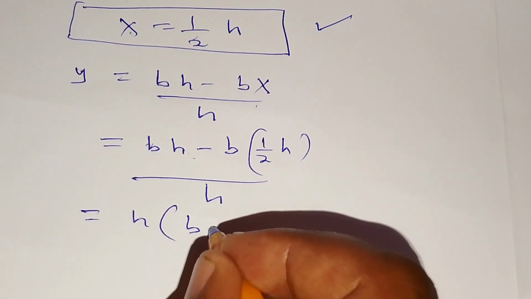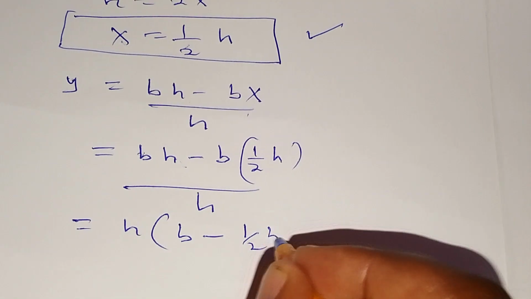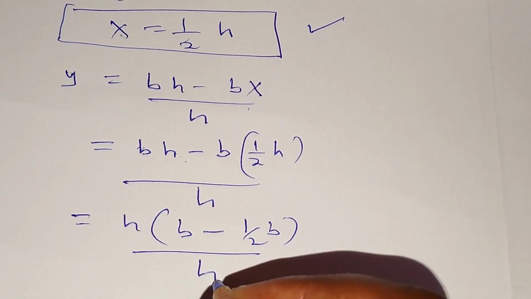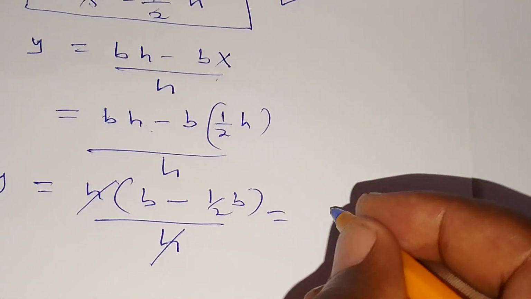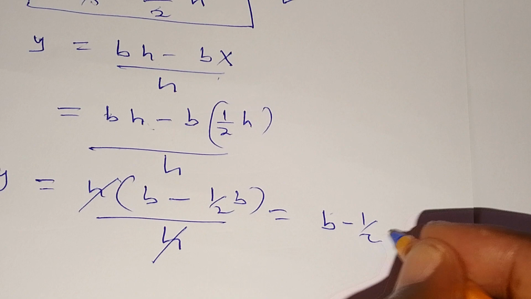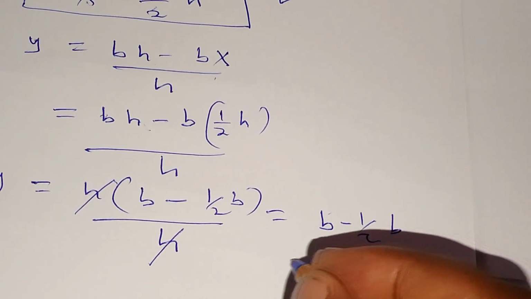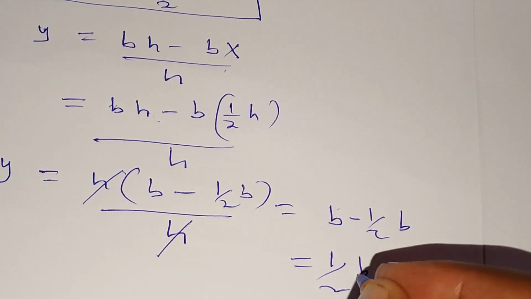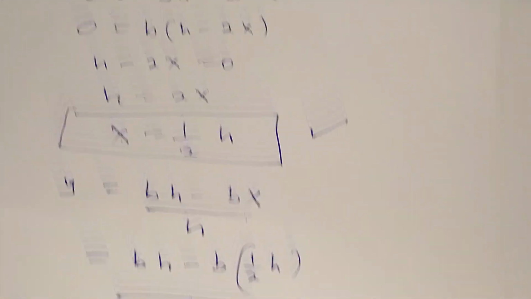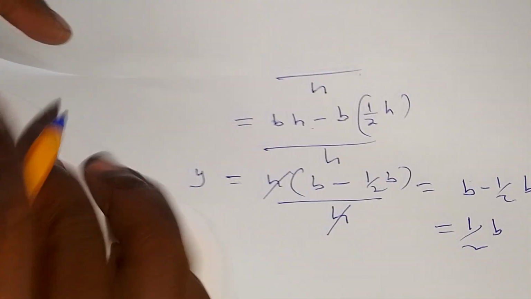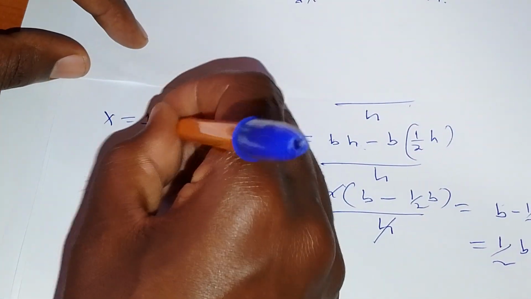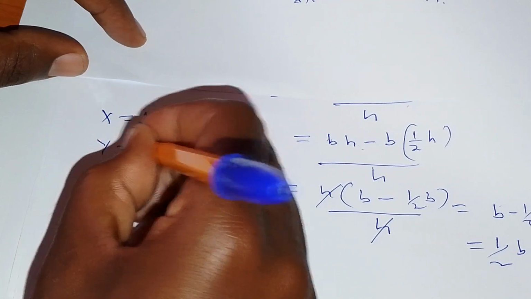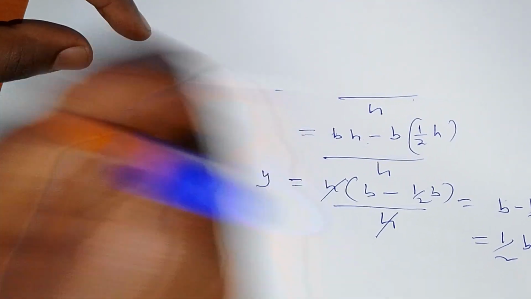We have (b minus a half b) over h times h, so this cancels, and this gives us b minus a half b. Again, this is common sense, so it is just a half b. So we can now merge these two pieces of information. We have x equals a half h and y equals a half b.